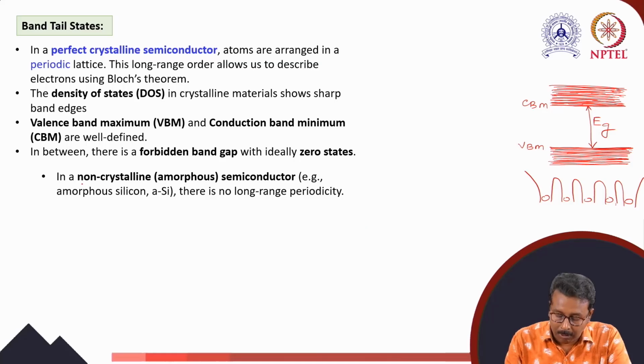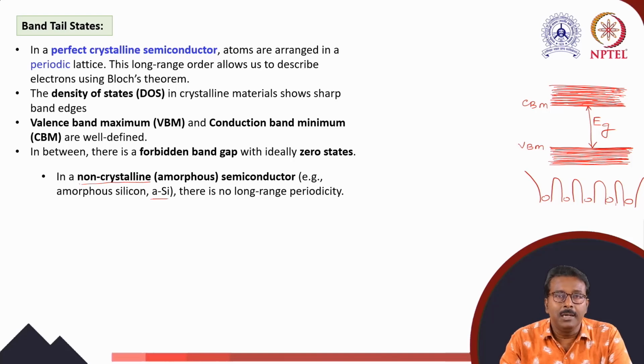But in the case of a non-crystalline, amorphous nature semiconductor, say amorphous silicon or other materials, say oxide semiconductors widely used for solar cells, say zinc oxide, ITO, AZO, that is aluminum doped zinc oxide. These are all amorphous in nature. It is very difficult to obtain a material having a perfectly periodic array of atoms.